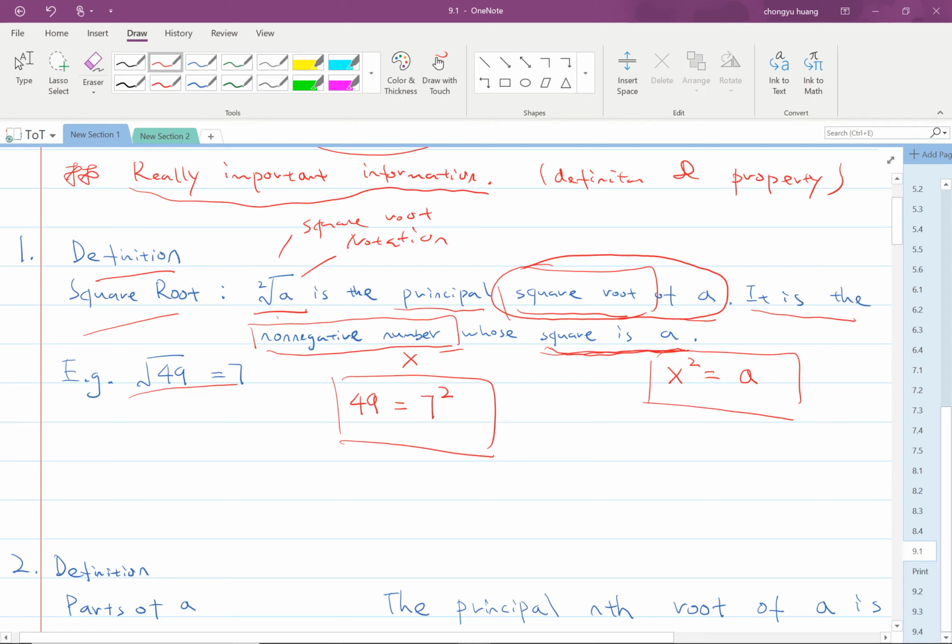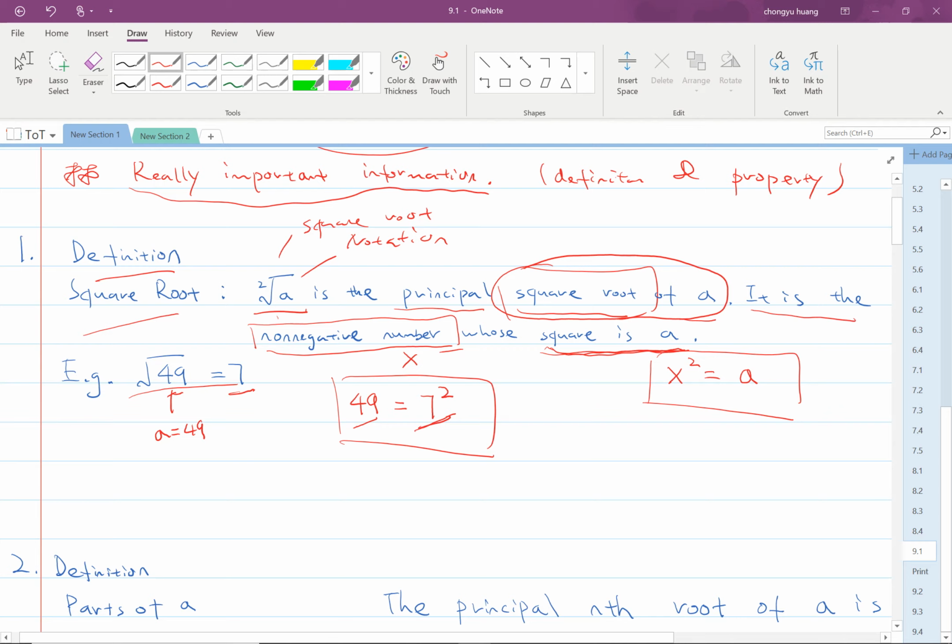Our a here is equal to 49, and 7 is a non-negative number whose square is 49.